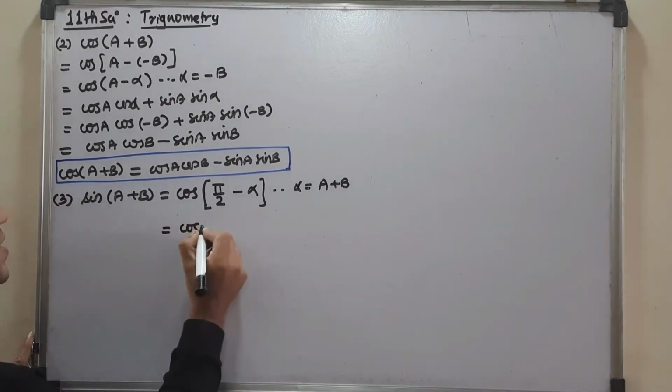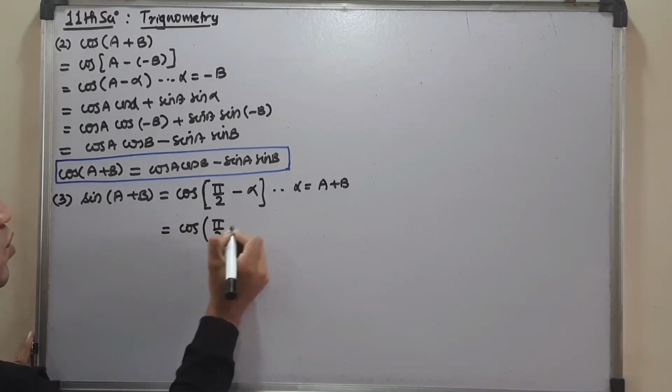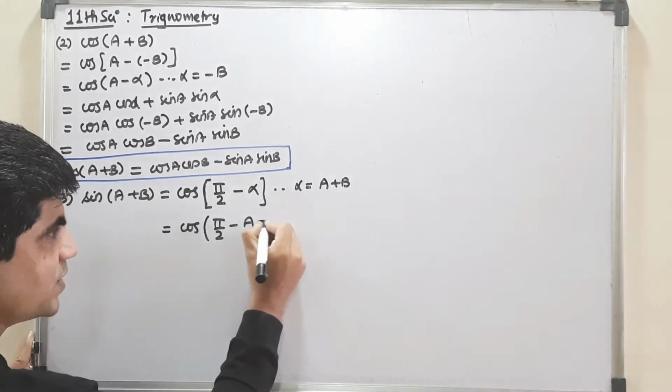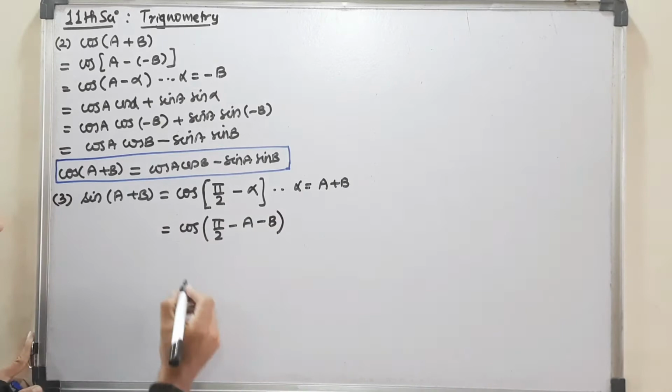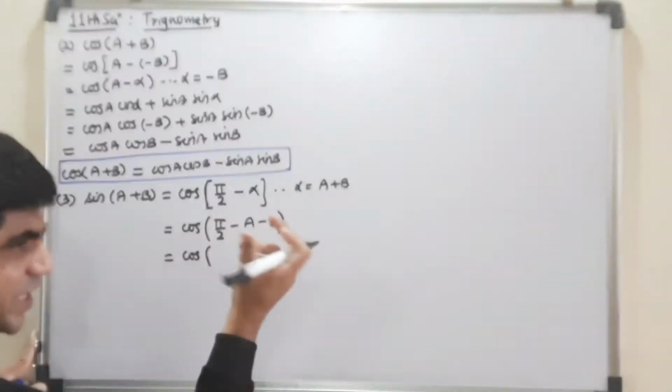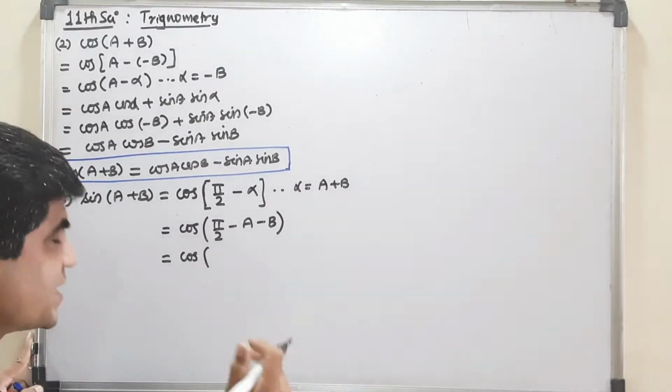That is cos pi by 2 minus a, and since minus is outside, this minus also will come here. Now I am doing one small change, priority I am deciding.